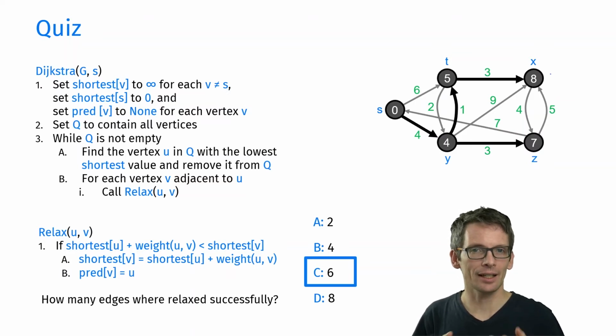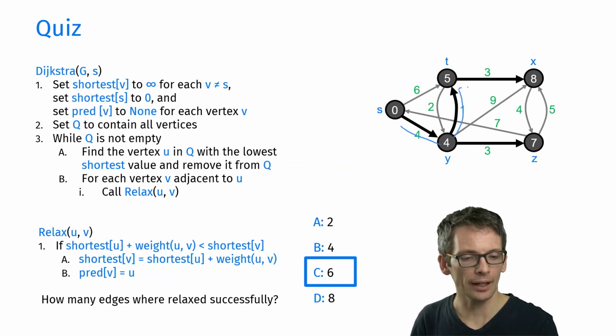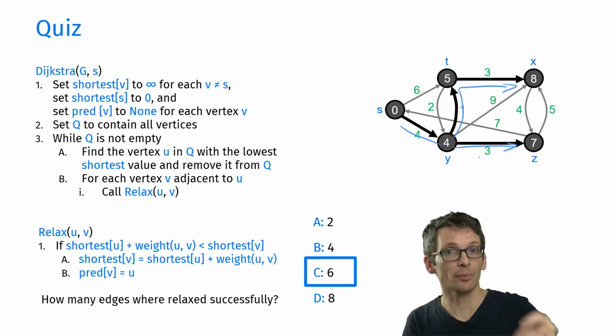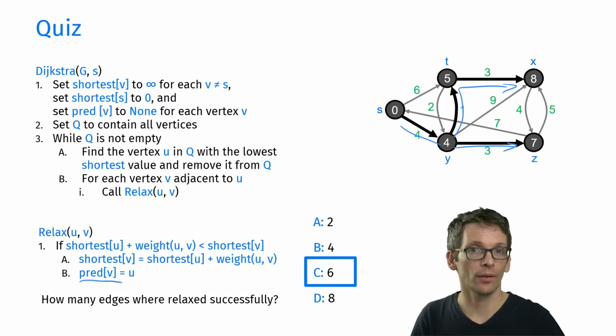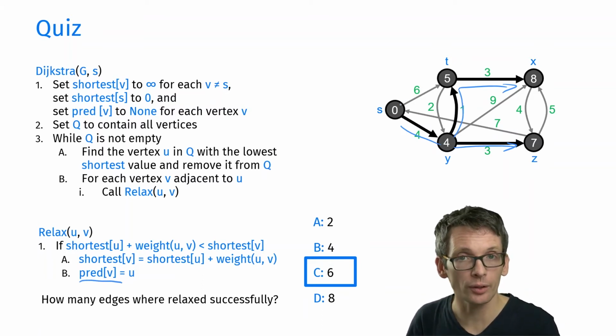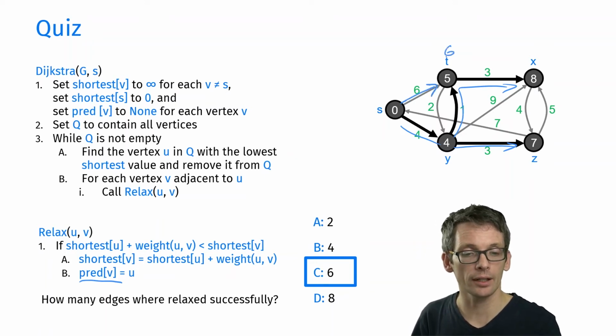The correct answer is 6. And which edges were those? Obviously the black edges, the ones that I'm showing here as predecessors, we set them as predecessors within the relax, so those have to have been relaxed. But also, if you remember which other edges we relaxed, initially the edge from S to T, and we had a 6 at some point here.